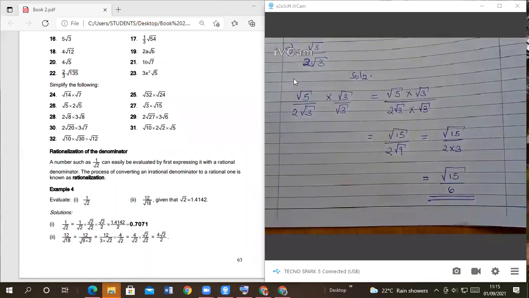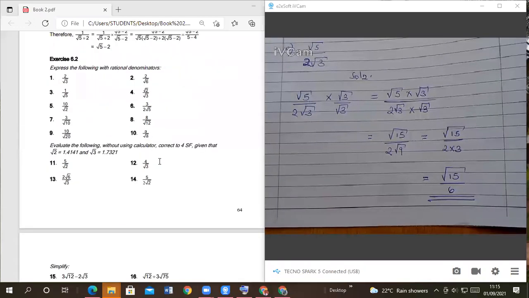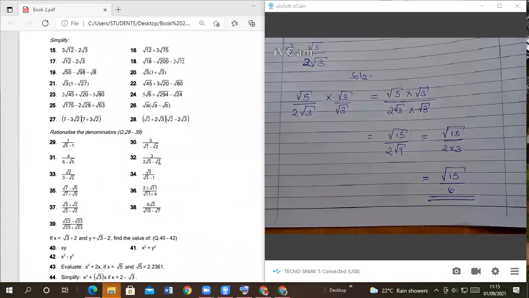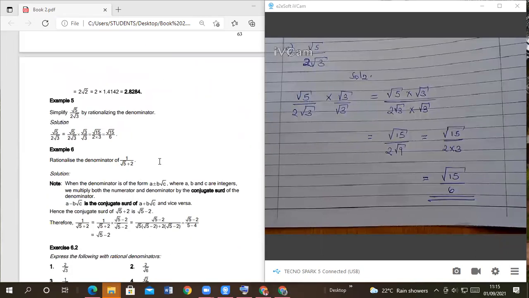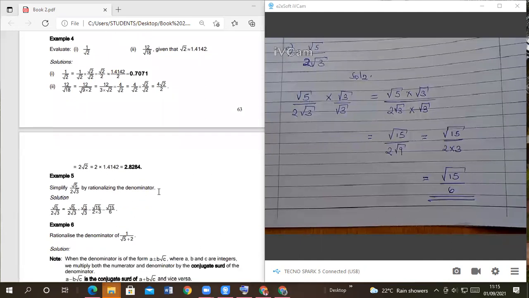When we still say the square root of 5 divided by 2 square root of 3, and we also carry this 2 times the square root of 3 divided by 2 square root of 3, we get the same answer as this.